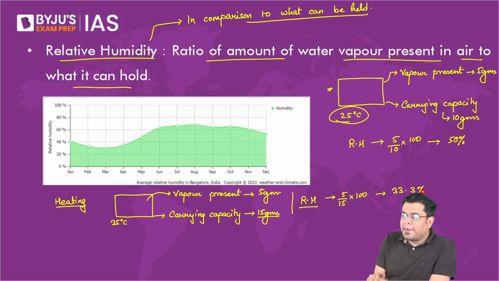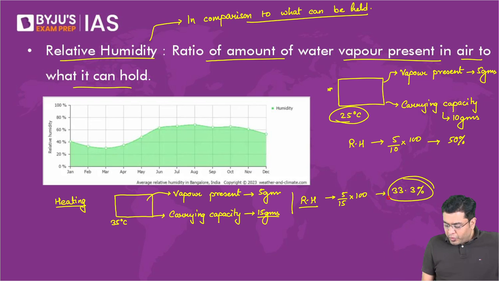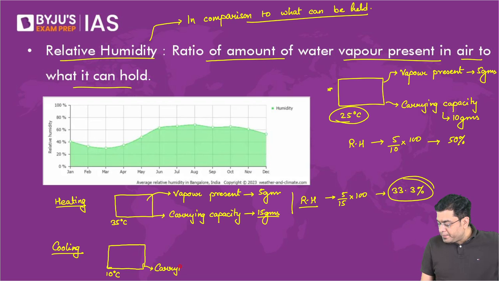So if the total amount of vapor is consistent with the rise of temperature, you experience a reduction in relative humidity. On the other hand, let's suppose that you provide some amount of cooling. When you provide cooling, let's suppose you cool it down to 10 degrees Celsius, and at 10 degrees Celsius, let's suppose the carrying capacity comes out to be 5 grams.